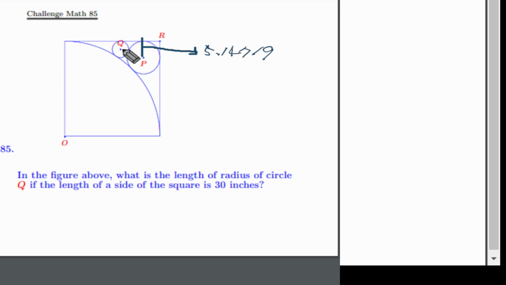And then after that, the question is finding the radius of Q. Radius of Q. Okay, now let's go over here. Let me read it first. Okay, survey carefully.